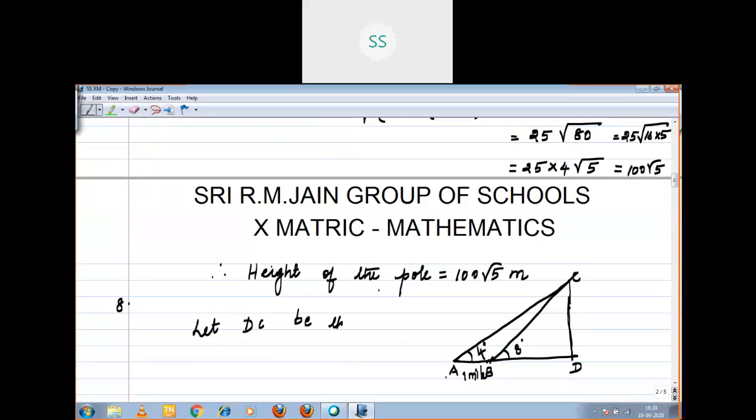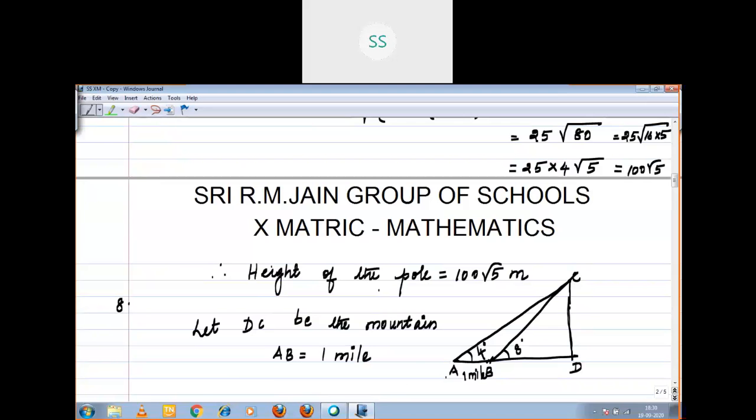Here it is 8 degrees. This is my 4 degrees. Then they said the distance between A and B is 1 mile.